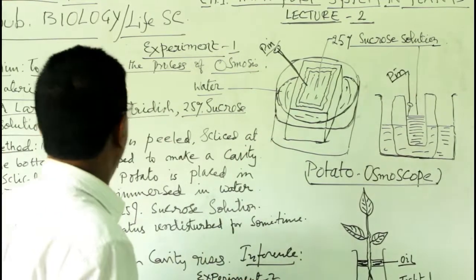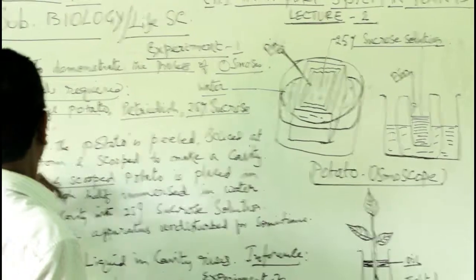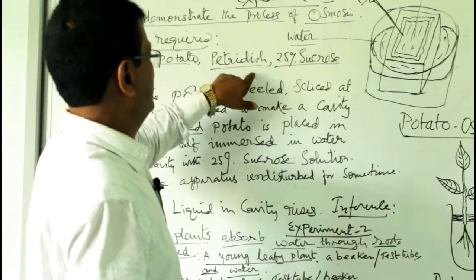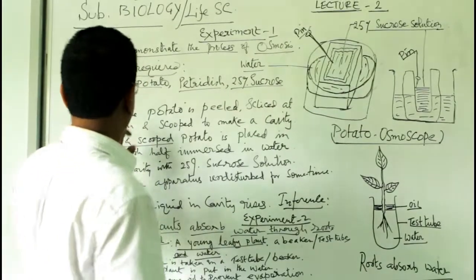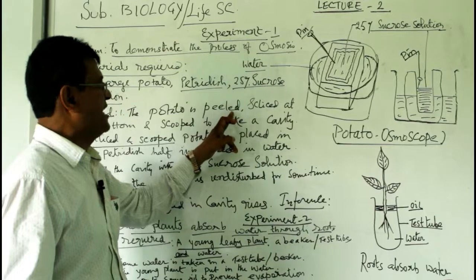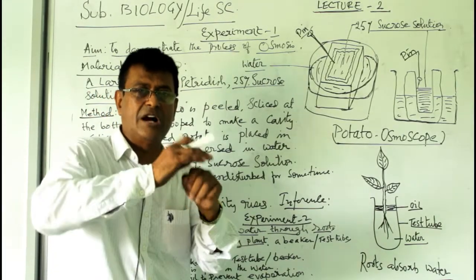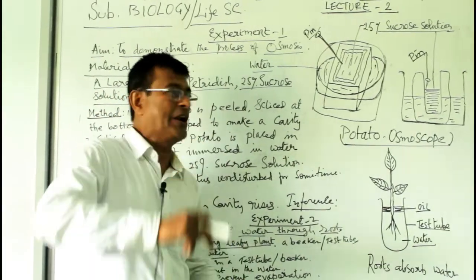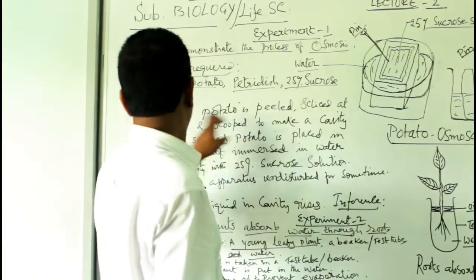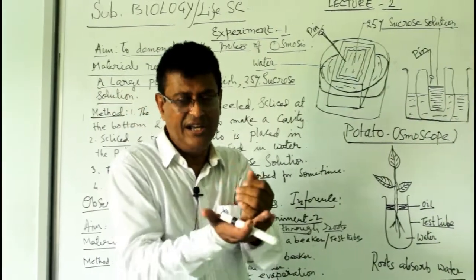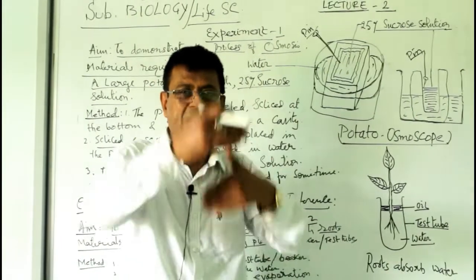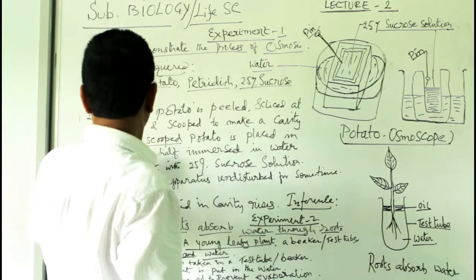Let us see how it happens. The live potato is taken, petri dish, 25% sugar solution, and the method. The potato is peeled first. Peeling means taking out the skin of the potato. Then it is sliced at the bottom to make it straight, and just put it in a square shape. Then what you will do?